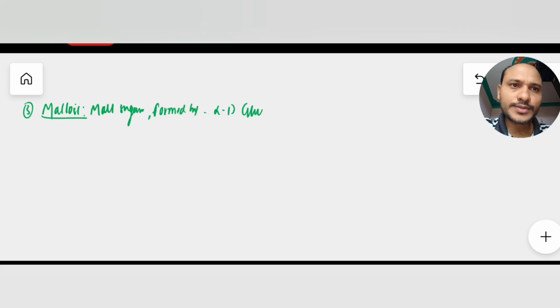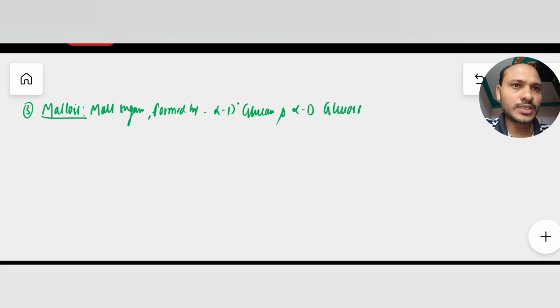Okay, now next, the third disaccharide, that is maltose. Maltose's common name is malt sugar. This malt sugar is formed by alpha D-glucose and alpha D-glucose. So here both monosaccharides are glucose only. Two of the same monosaccharide together form malt sugar.